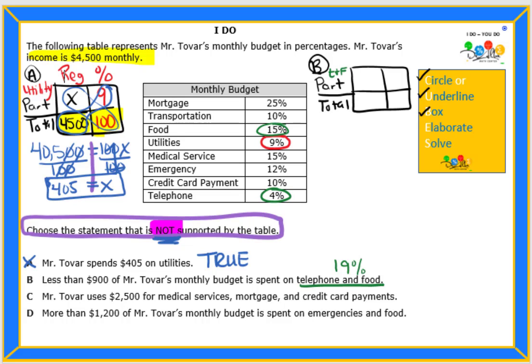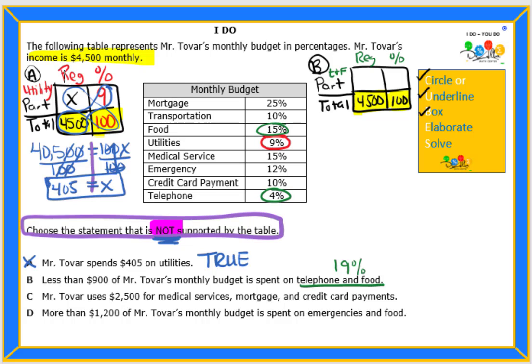And we know our total for the entire month, our budget, is 4,500. We also know that that represents 100% of the budget.